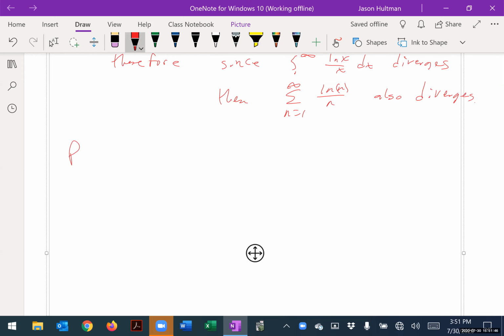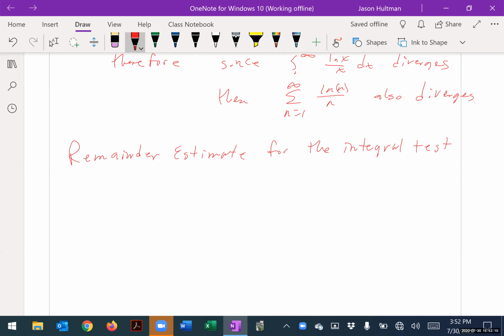Okay, remainder estimate for the integral test.